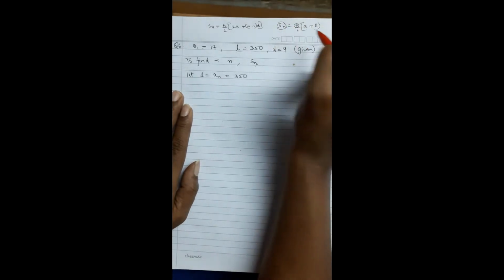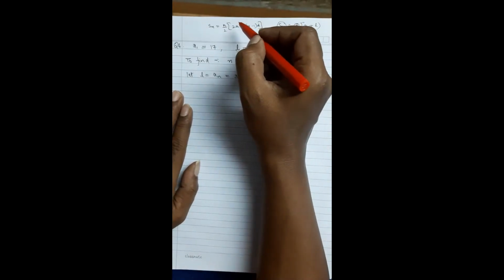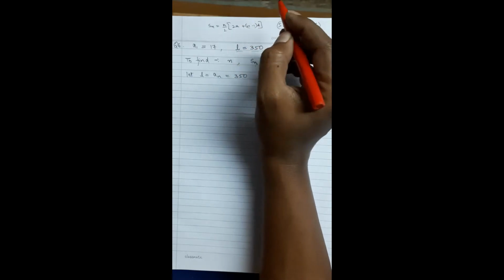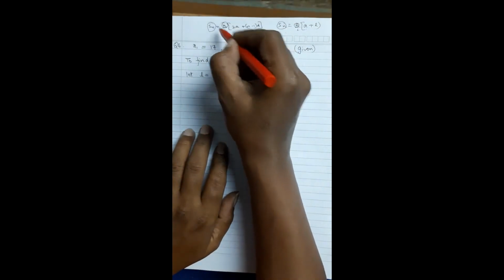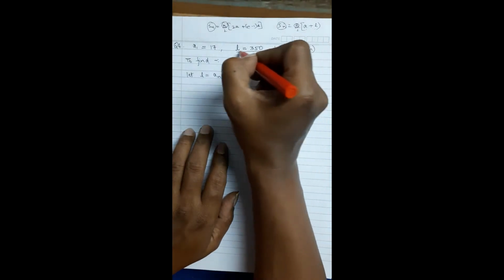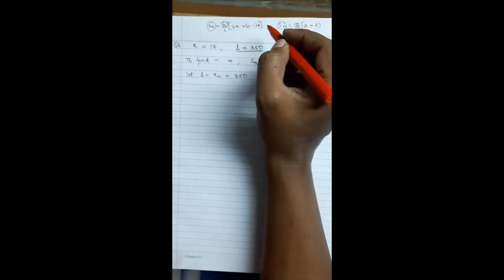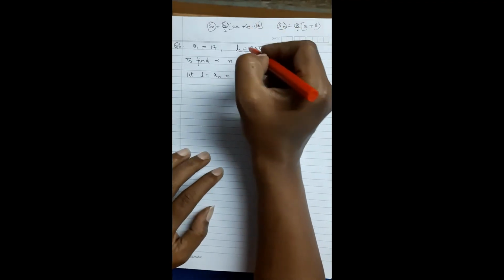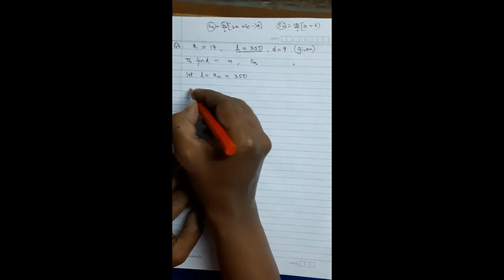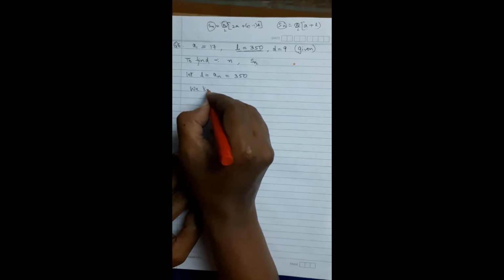Two terms you are not knowing. This is not going to help you. You should know all the terms except one. So what we have to do is use L is equal to An, and then we have to use this formula.